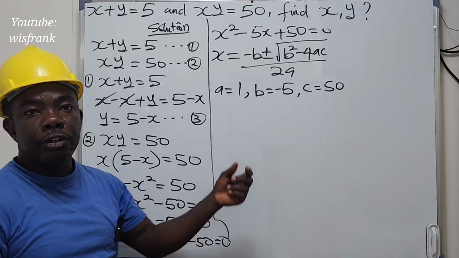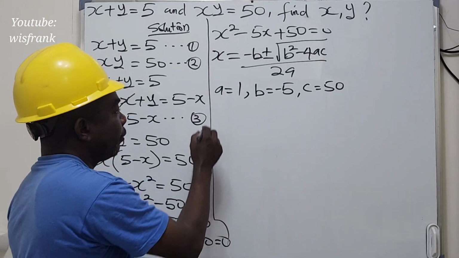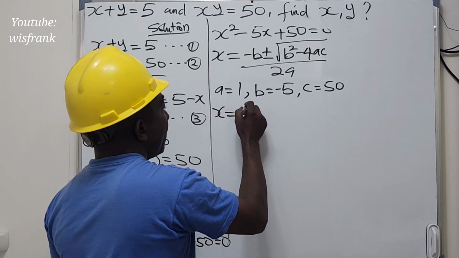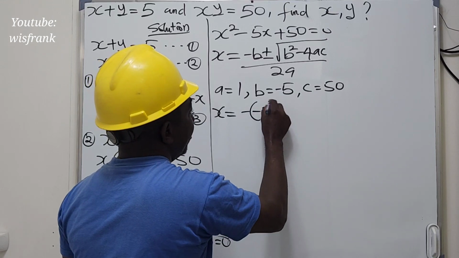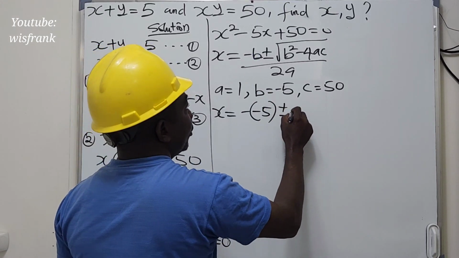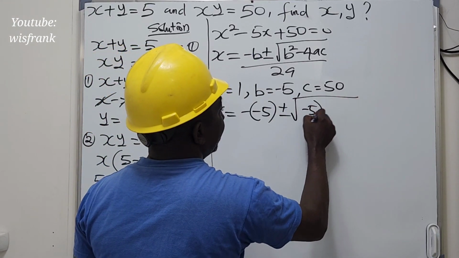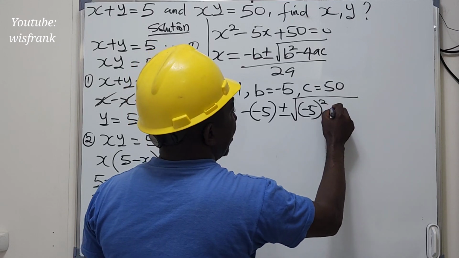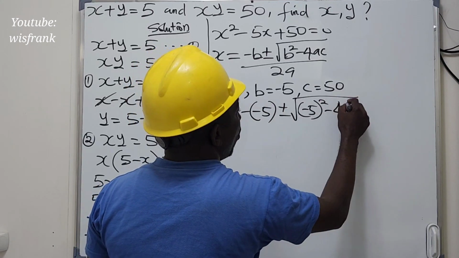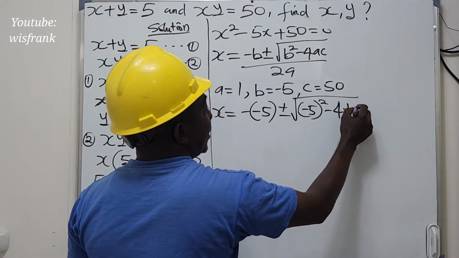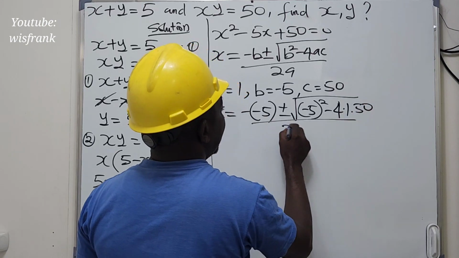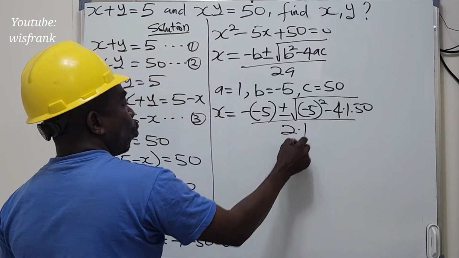We are going to substitute into this quadratic formula, which will give us x equals minus into minus 5 because of b. Then we have plus or minus square root of minus 5 to the power of 2 minus 4 times 1 times our c, which is 50, all over 2 times a, which is 1.